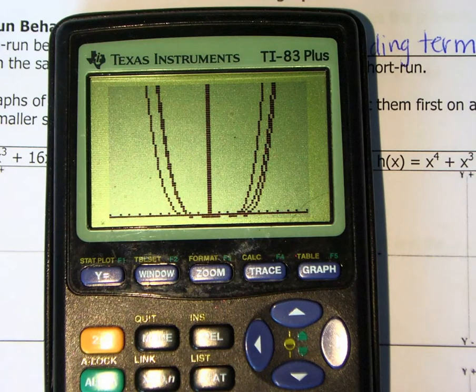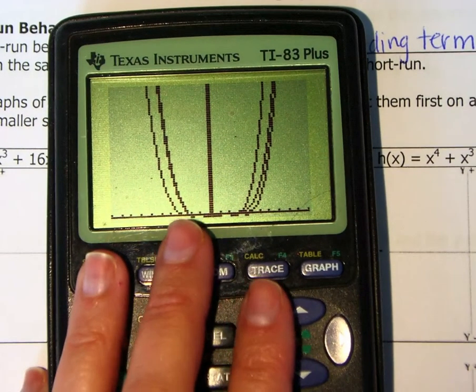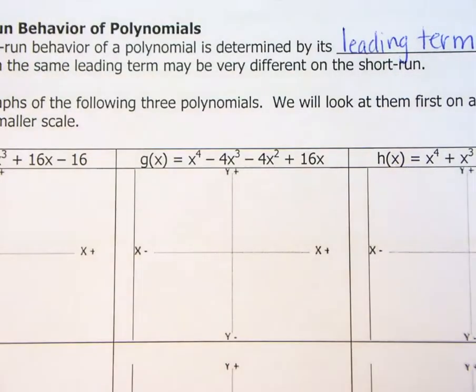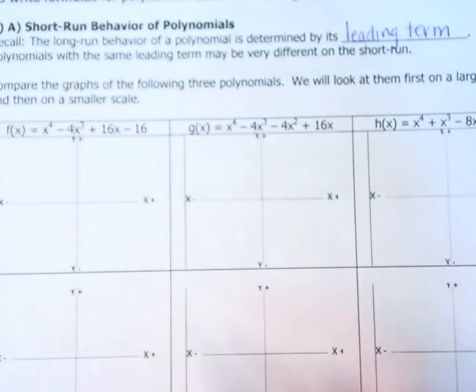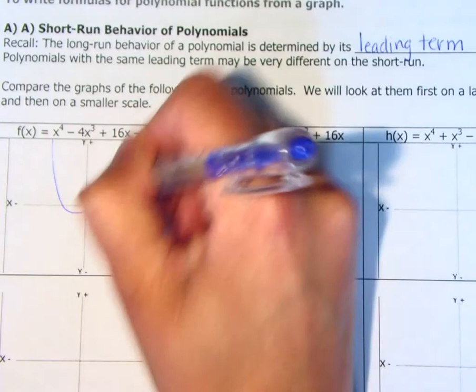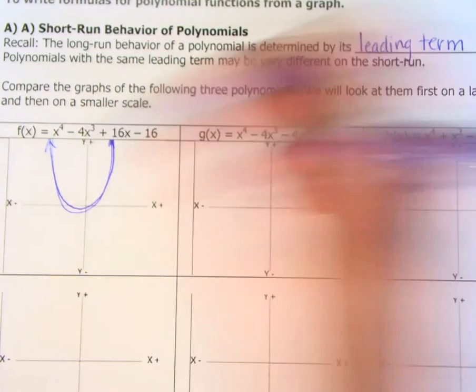So on the long run, what do you see? Basically, you see a parabola. Those 3 functions have graphs that look very much alike, right? This doesn't have to be super accurate, just kind of sketching.